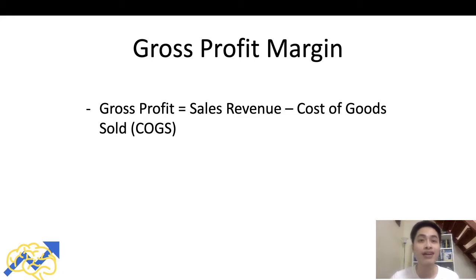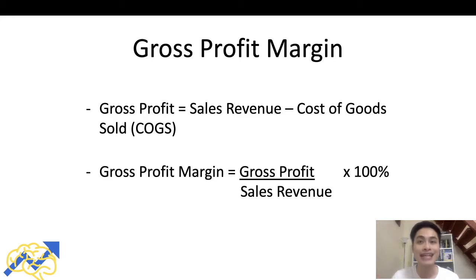Now that we have a clearer idea of what a gross profit is, let's take a look at the gross profit margin. The gross profit margin is the gross profit expressed as a percentage of sales revenue. It tells investors and traders how good a company is at selling its products or services compared to its competitors.